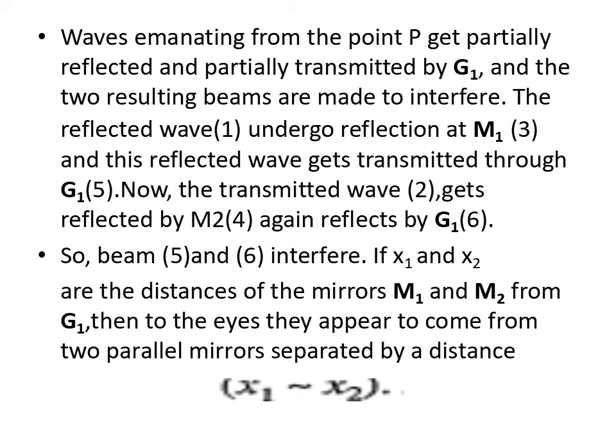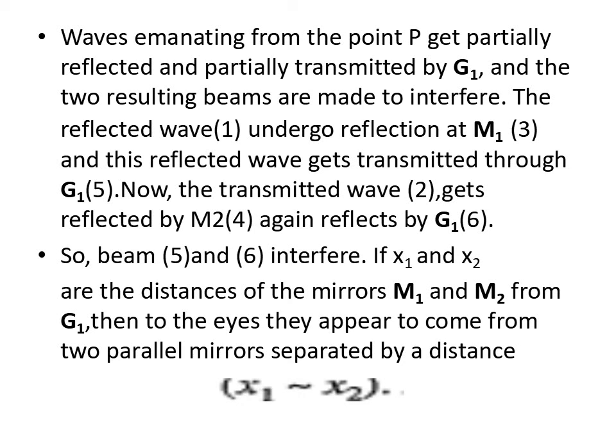Now look at the figure. The reflected wave, which is marked as 1, undergoes reflection from M1, which is marked as 3, and this reflected wave gets transmitted through G1, which is represented as 5. Now the transmitted wave 2 gets reflected by M2, which is written as 4, and again it is reflected by G1, which is represented as 6.